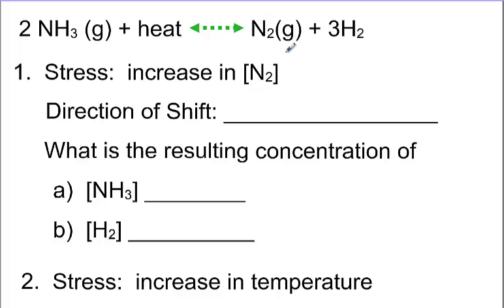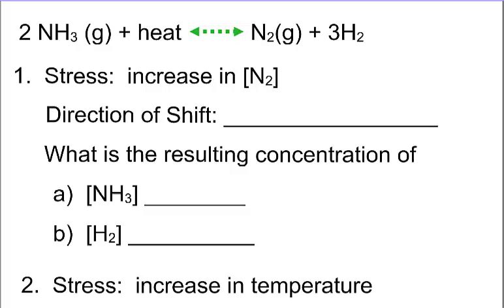So we're increasing the concentration of this side. You have to figure out the direction of the shift, either to the right or to the left, and then what would be the resulting concentrations of a reactant and one of the products. So this is really saying what's going to happen to the reactants and what's going to happen to the products in this one.